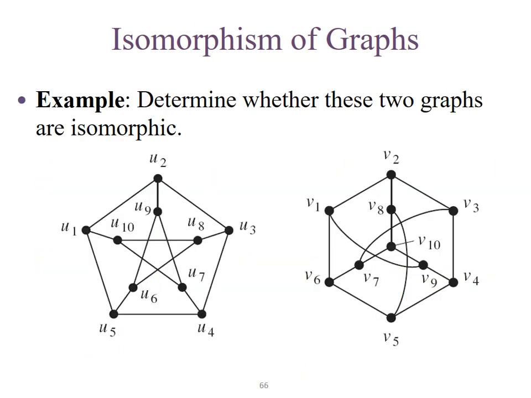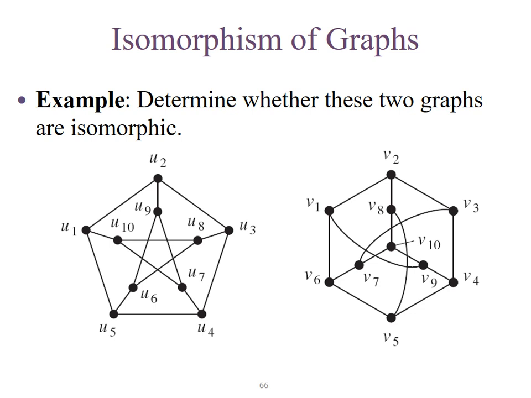All right, so maybe you are so good at moving the pin and the rubber band to discover if two graphs are isomorphic or not. But in this case, once we have many vertices and many edges, it's not that easy to determine if these two graphs are isomorphic or not.